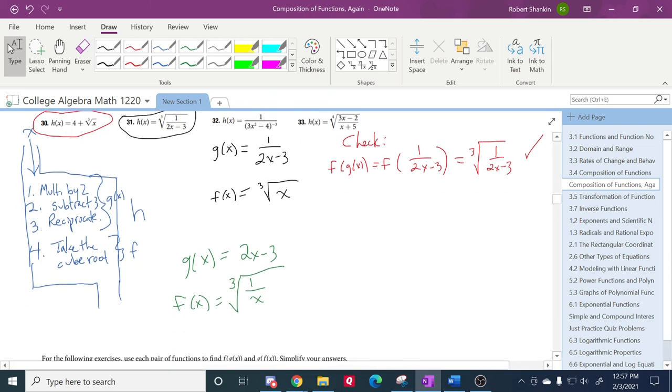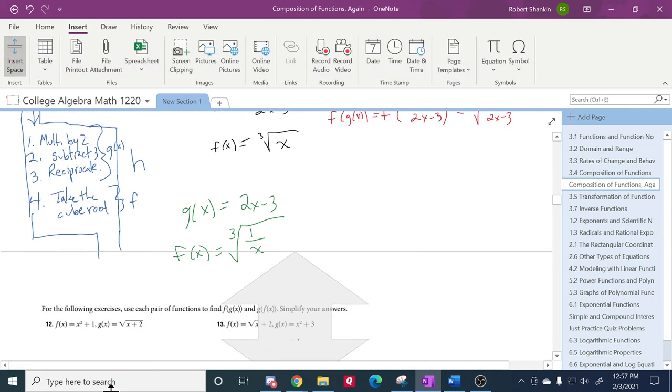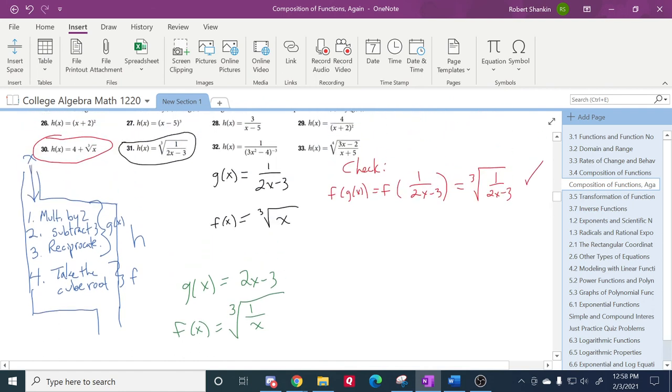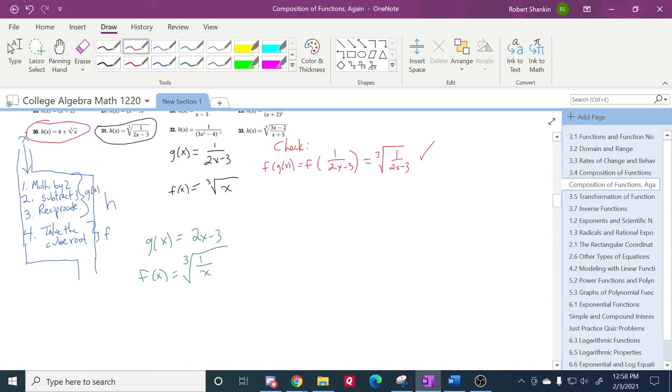So for number 30, a natural way to look at it: the inner function would be the one that you would do first if you're computing h of x, and then the outer function is just this plus 4 over here.